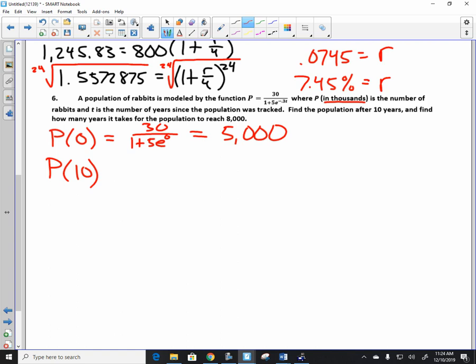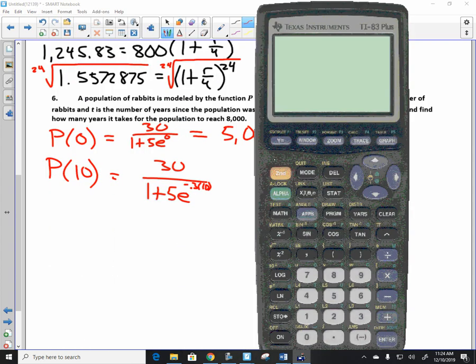All right, then we check 10. So we're going to do 30 divided by 1 plus 5e to the negative 0.3 times 10. I do worry that if I just gave people this problem, a lot of people would not be able to plug that in correctly in their calculator. So let's see.